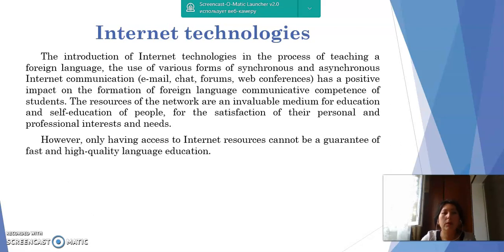The resources of the network are an invaluable medium for education and self-education of people for the satisfaction of their personal and professional interests and needs. However, only having access to internet resources cannot be a guarantee of fast and high quality language education.